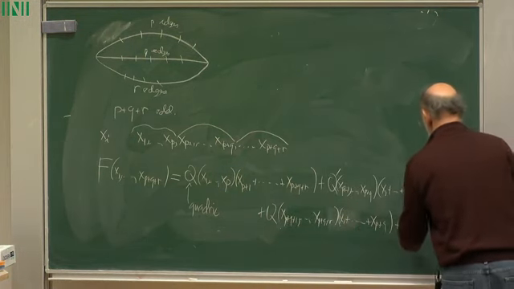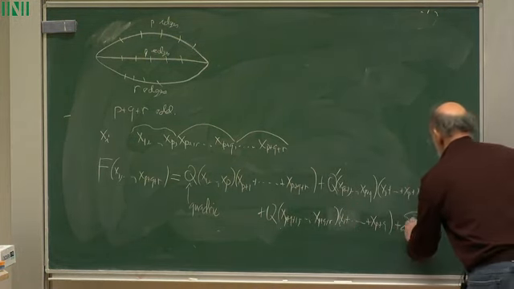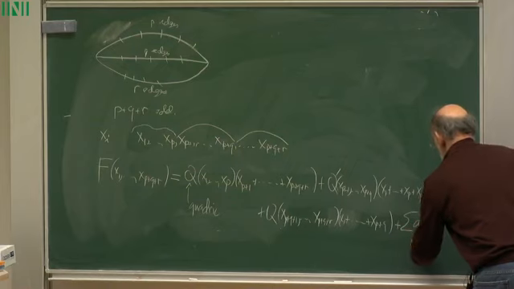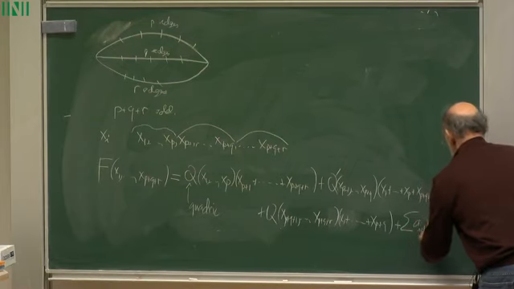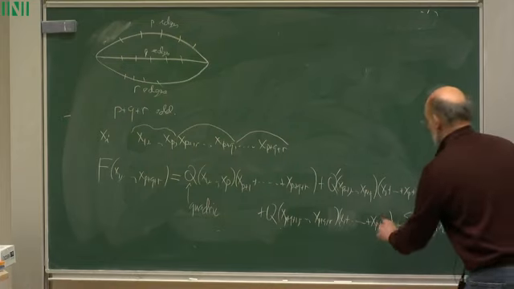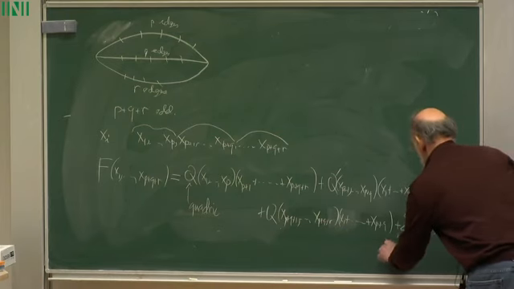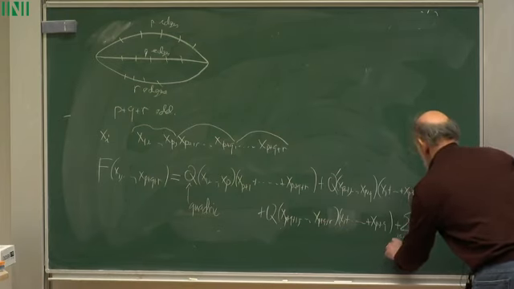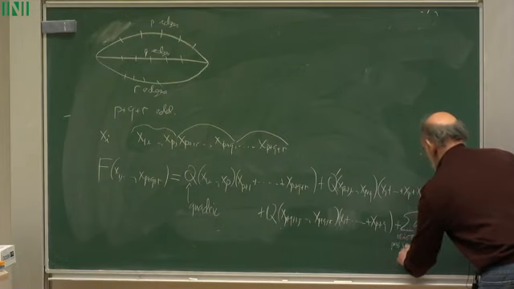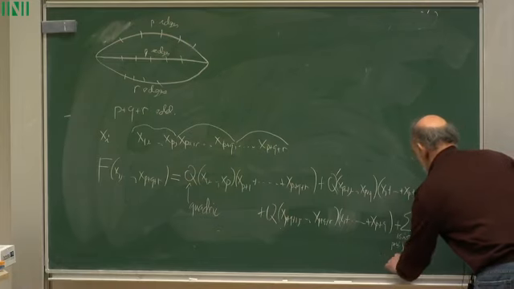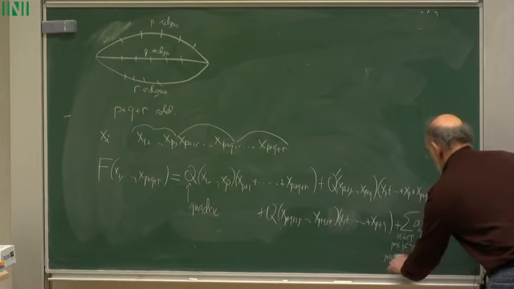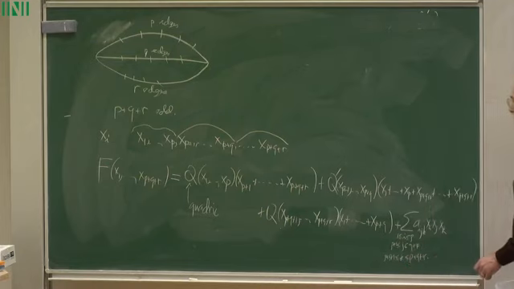So I have now a sum over a general a_{ijk} x_i x_j x_k, where 1 ≤ i ≤ p, p plus 1 ≤ j ≤ p plus q, and then the rest, p plus q plus 1 ≤ k ≤ p plus q plus r. Okay?